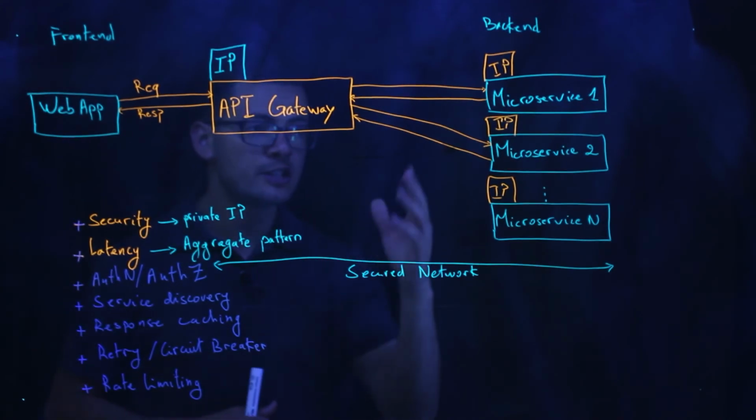Another responsibility that could be extracted from the microservice to go to the API Gateway is load balancing.